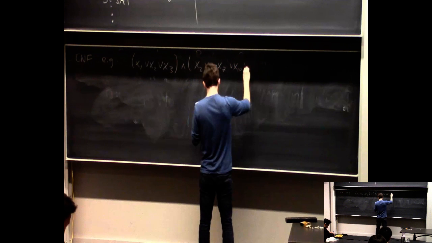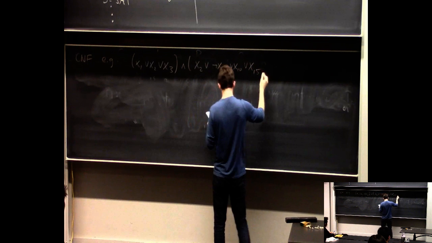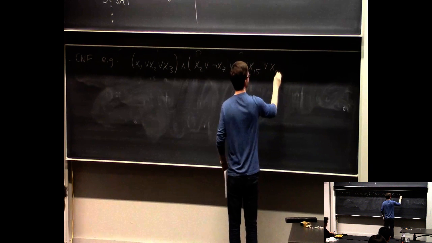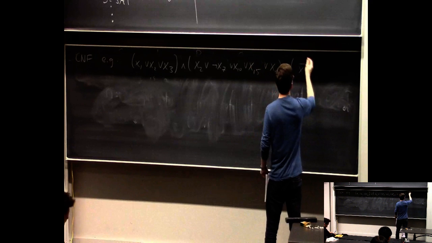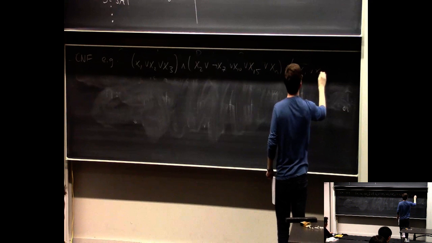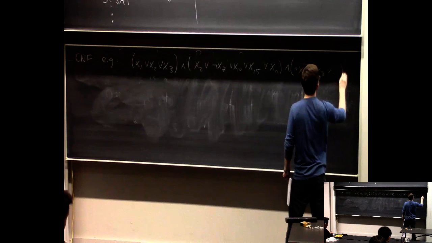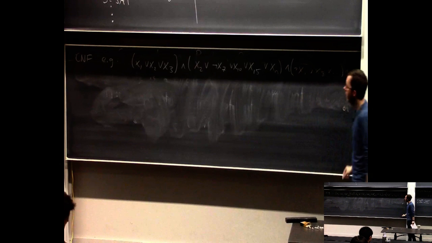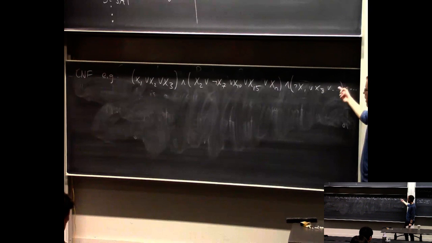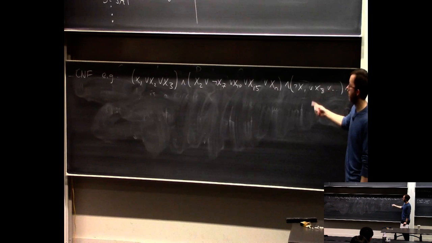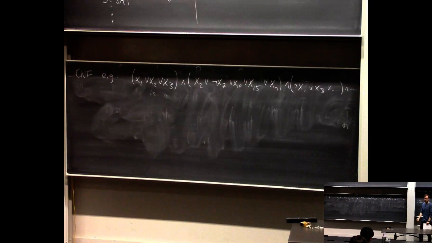And x1 or x8. OK, so in this long example, I've drawn 3 clauses. You see each clause is the OR of variables or their negations. That's a CNF.